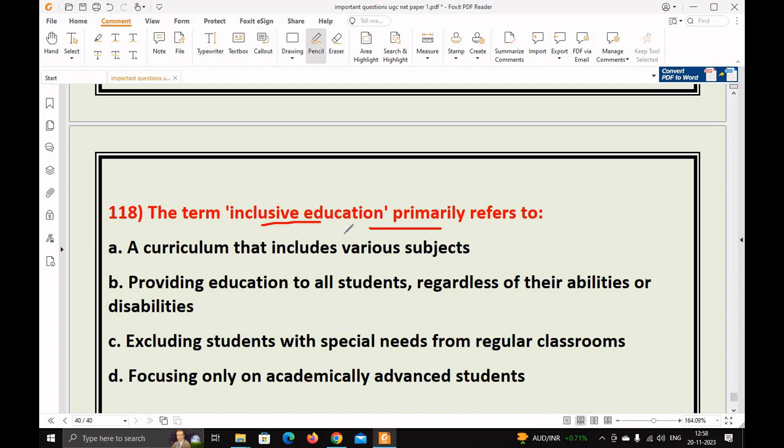The right answer is option B, providing education to all students regardless of their abilities or disabilities.